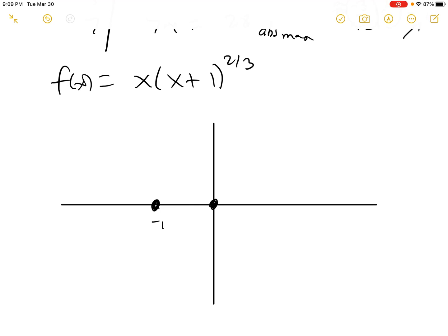And as this thing goes off to infinity on the right, I get infinity. So this happens. That's 0.